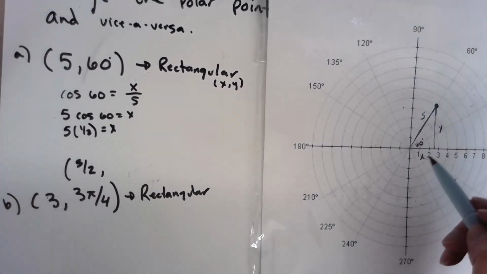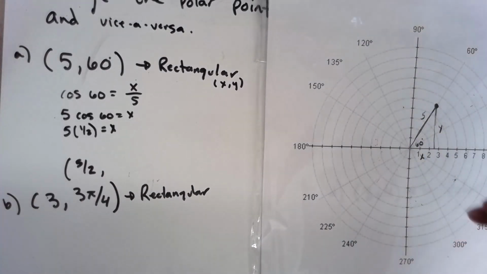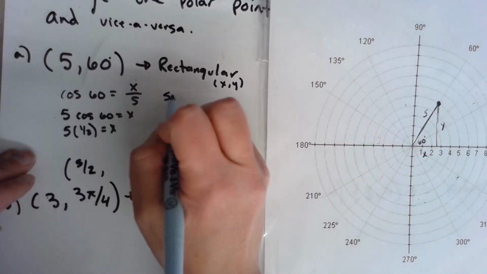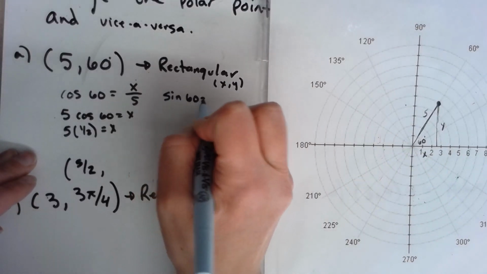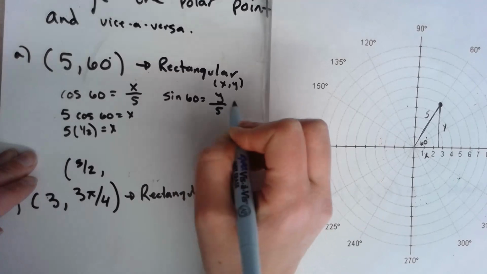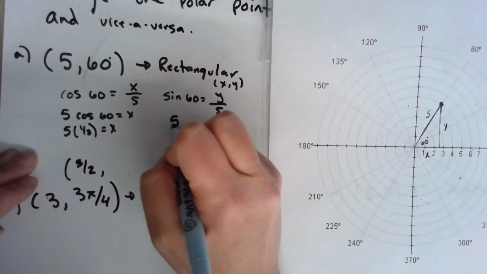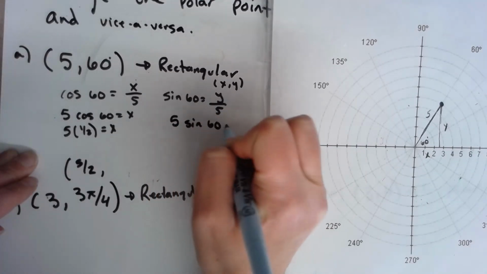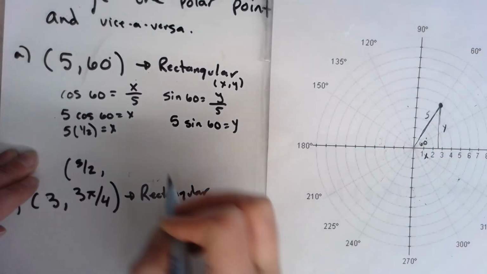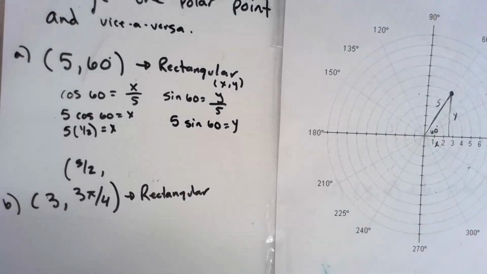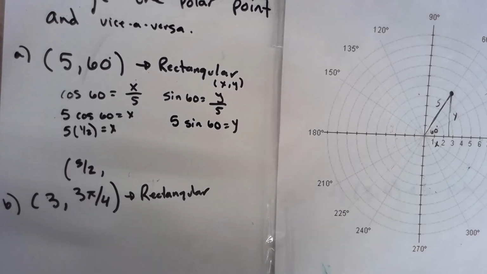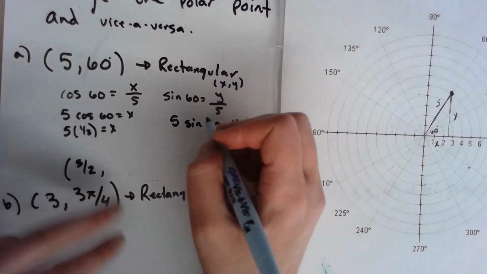Okay, if we want to find y, it is opposite over hypotenuse, so this is sine of 60 equals y over 5. Times 5 to both sides. 5 times sine of 60 equals y. Then again, we could type 60 in our calculator and get a decimal approximation, but if it's on our unit circle, let's use that. So we know sine of 60 on the unit circle is square root 3 over 2.